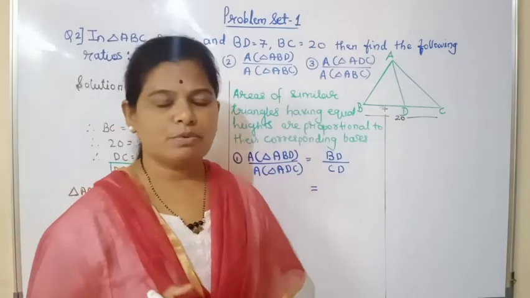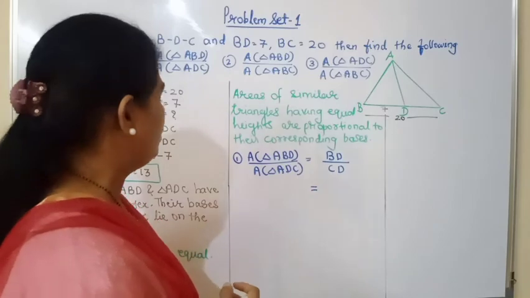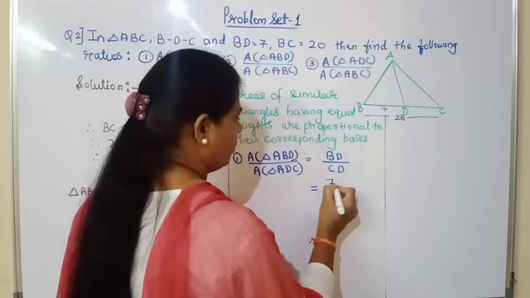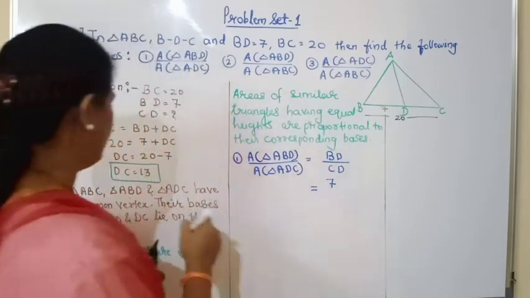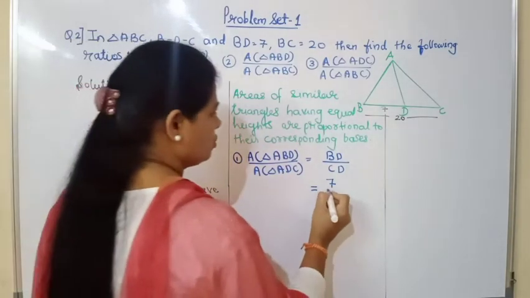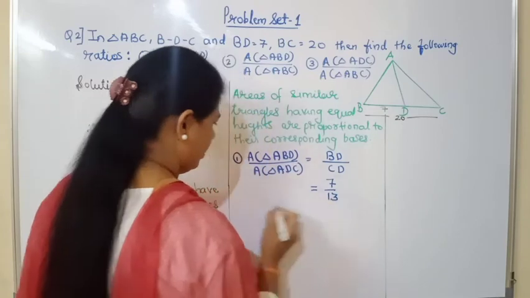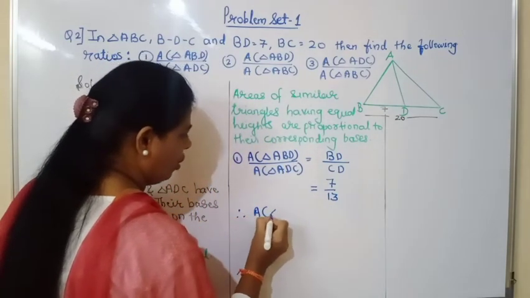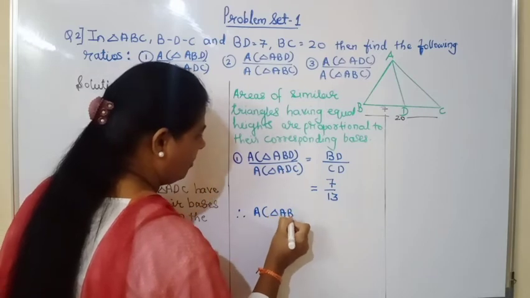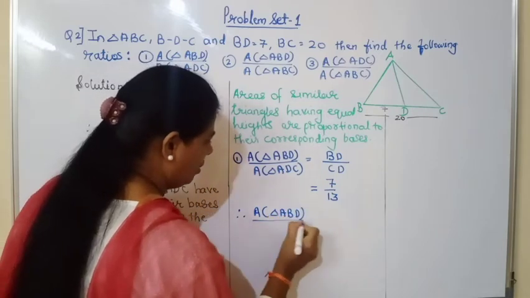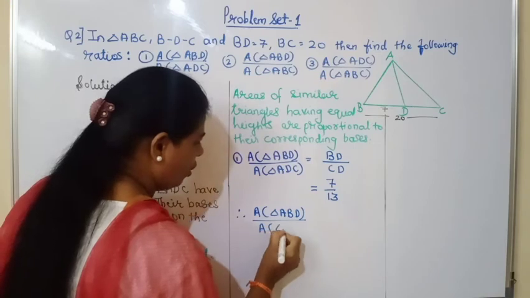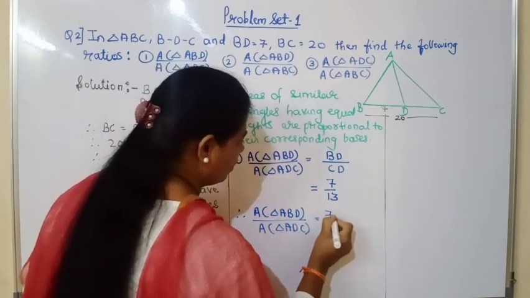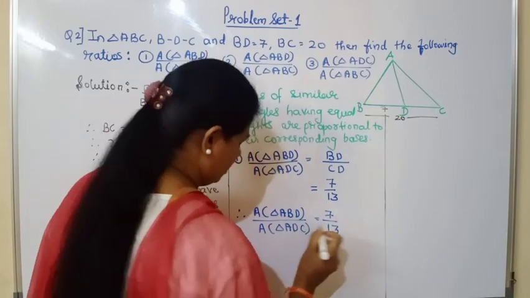Now we'll substitute the values here. What is the value of BD? See, BD is given as 7. And what is the value of CD? We have calculated it as 13. So 7 upon 13. So here we'll write the answer: therefore area of triangle ABD upon area of triangle ADC is equal to 7 upon 13.